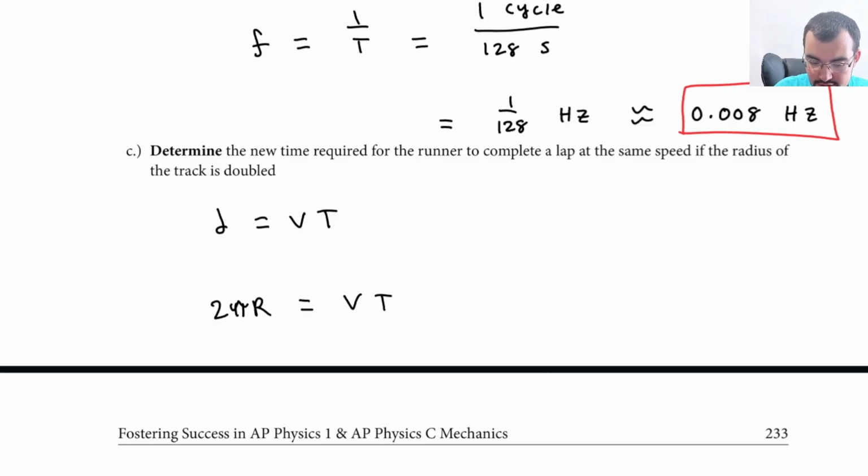We are fixing the speed, and it says the radius of the track is doubled. So in order to double the left-hand side, I must double the right-hand side, so the time got doubled. So the new period is just exactly the old one times 2. 128 times 2, that's 256. So just a nice linear relationship there.